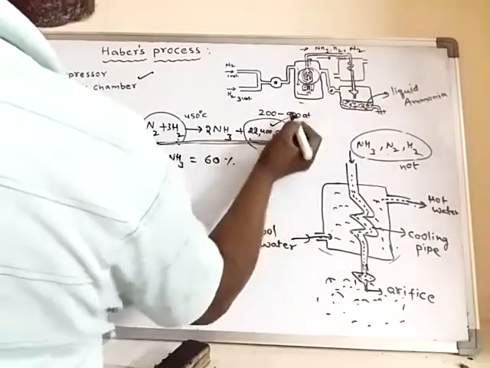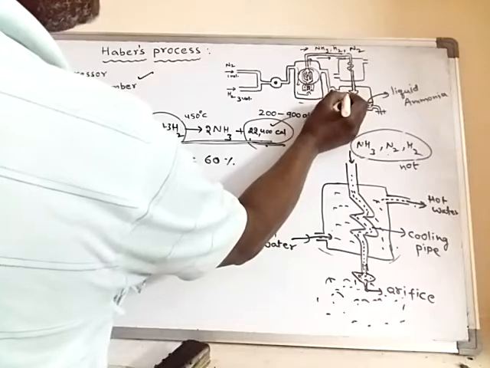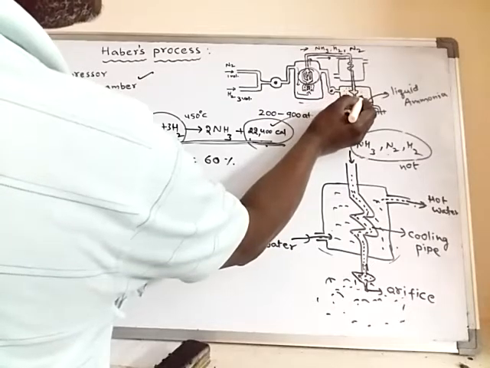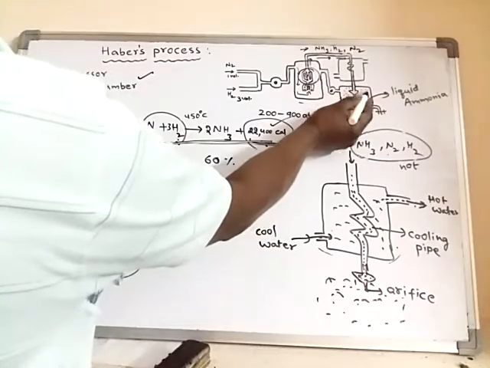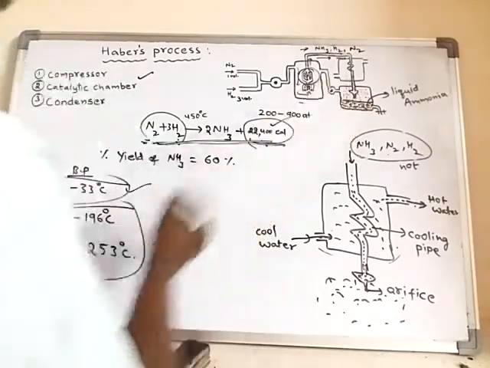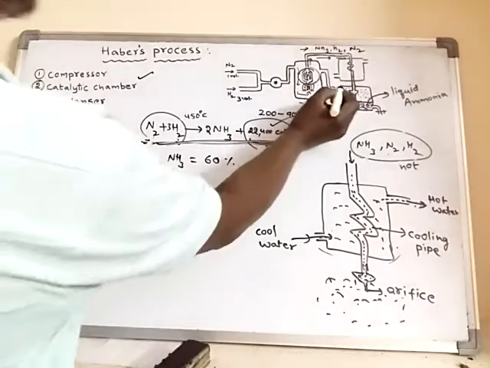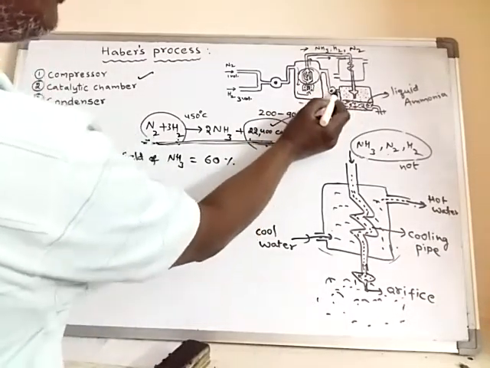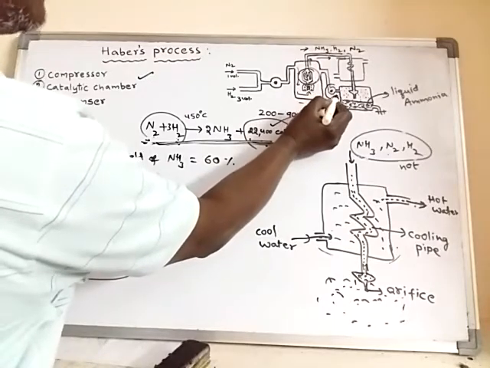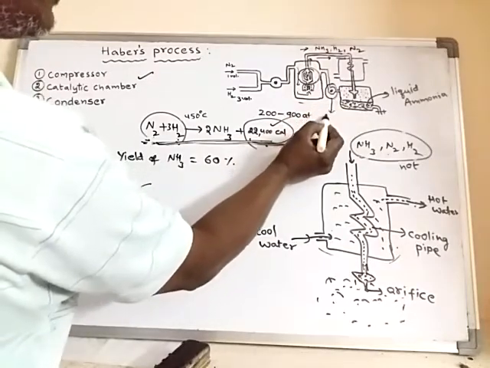It will settle at the bottom, and the nitrogen and hydrogen gases, which do not liquefy, will occupy this open area and slowly enter here. Here again there is a compressor. This is also a compressor.